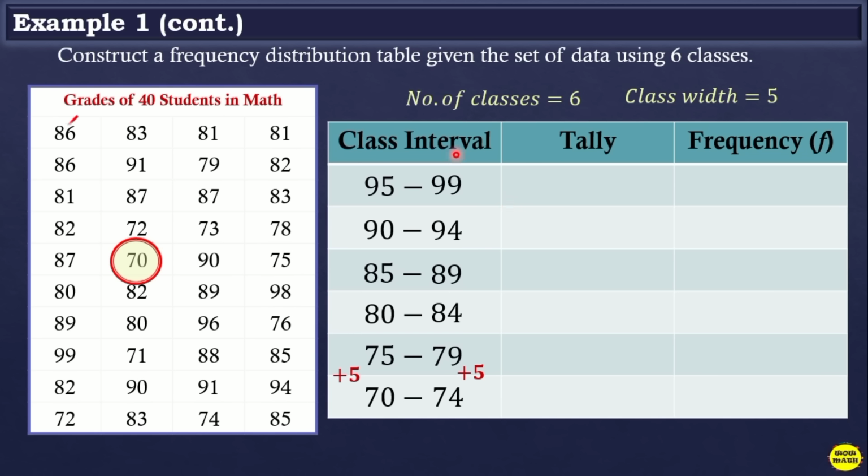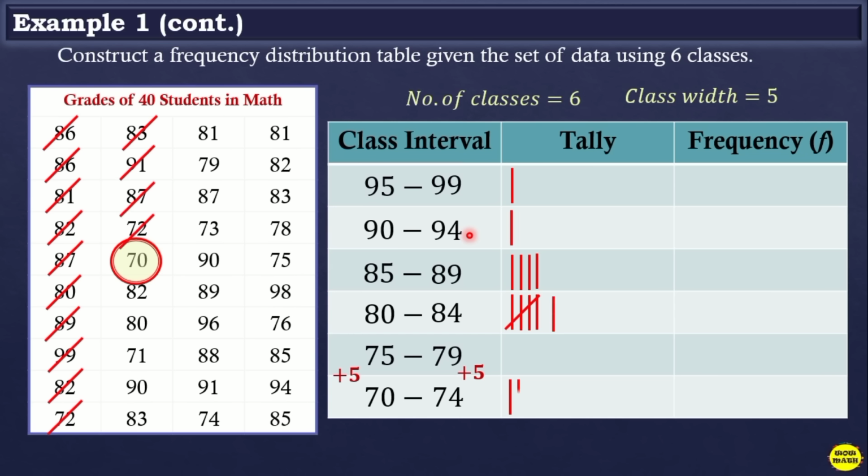So, we have 86, 86, 81, 82, 87, and then 80, 89, 99, 82, 72, 83, 91, 87, 72, 70, 82, 80, 71, 90, and 83.